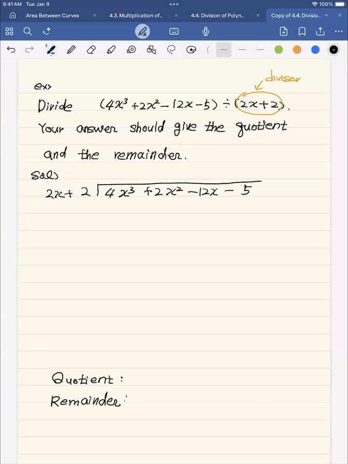As I said, we start the problem by comparing the top degree term and this one. Another important point is to make sure all the degrees are organized from highest to lowest. This is a degree 3 polynomial. It is well organized from degree 3 to 1, 0.